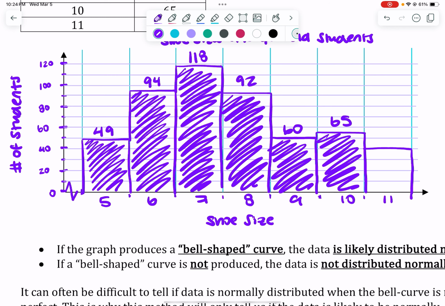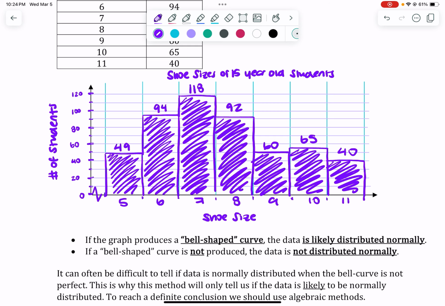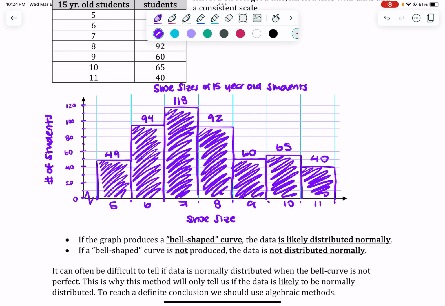And this is what I've got. So this is my beautiful histogram, and hopefully your histogram looks just as beautiful. Title, axes, labels, clearly accurate in terms of heights. The scale is consistent. We've got a lot of really good things going for it. Now, if I take a look at this overall shape, I can see some similarities to a normally distributed curve, right?